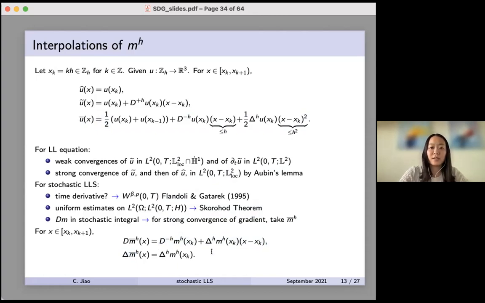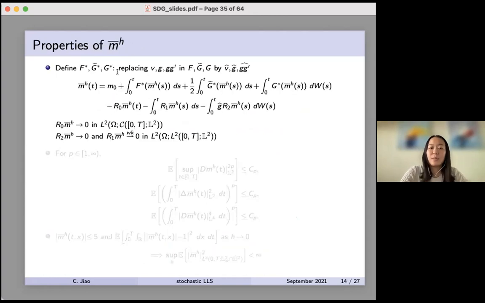Then let's check the equation satisfied by m bar. We define functions f star, g tilde star, and g star in a similar way to the functions f, g tilde, and g, except we replace the real-valued functions v, g, g prime by their piecewise constant interpolations. Then we have here the equation of the quadratic interpolation m bar.